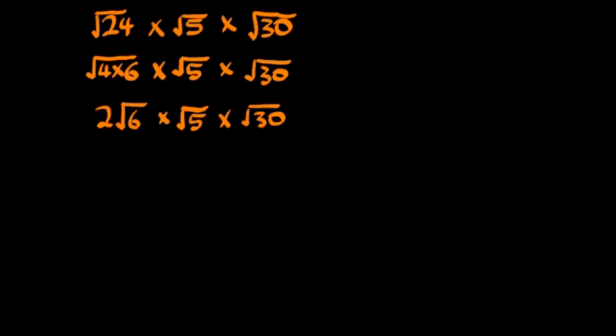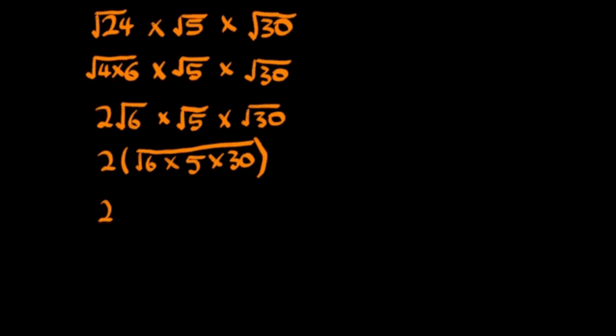Such that now we can multiply all the numbers within our roots. So we have 2 times the root of 6 times 5 times 30. In the aftermath, this would give us 6 times 5 gives us 30, and 30 times 30 gives us 900.